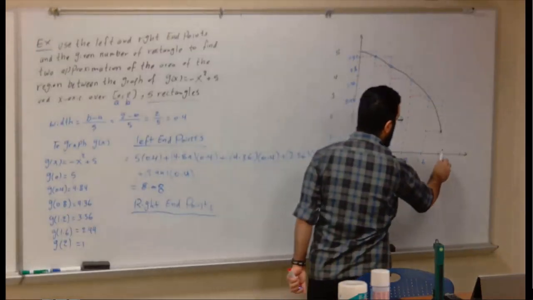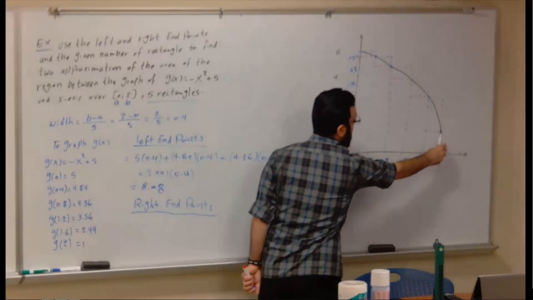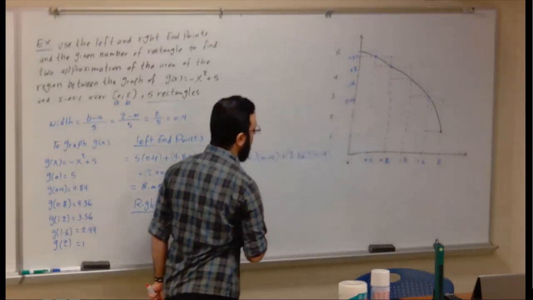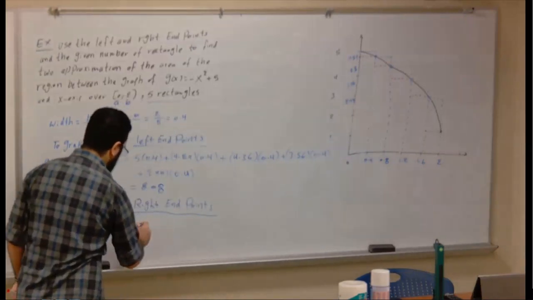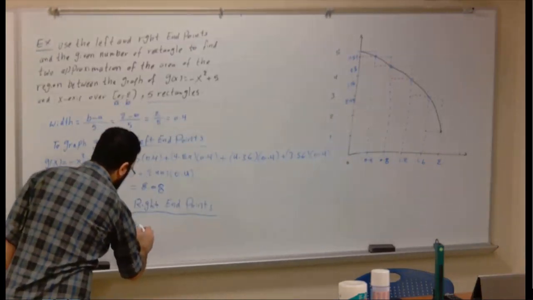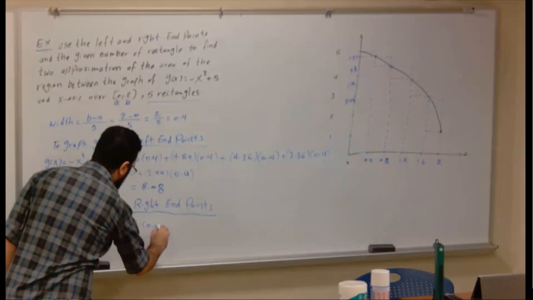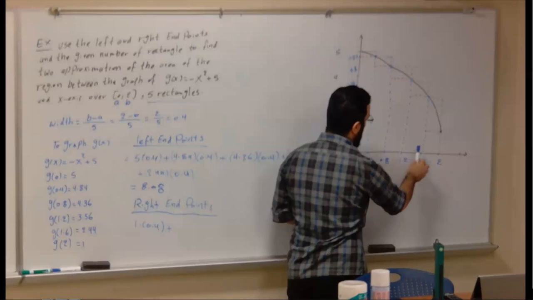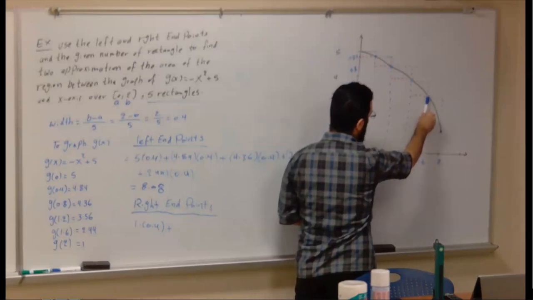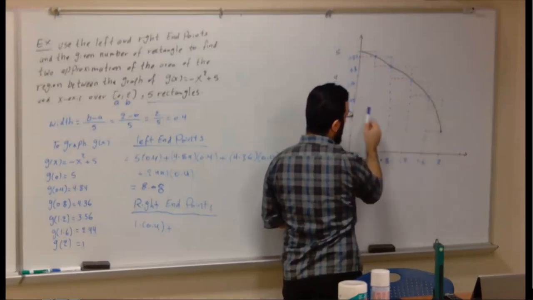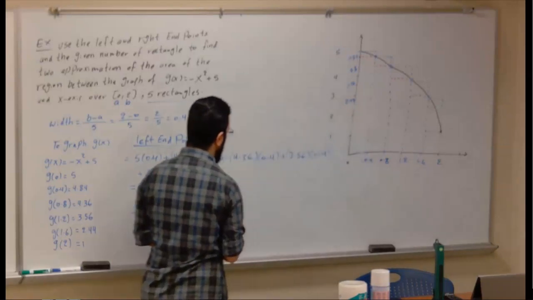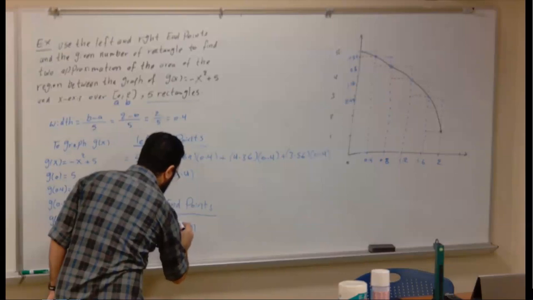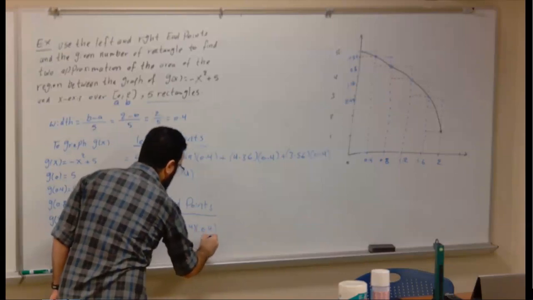That means the length on this rectangle is 1. So 1 times 0.4, plus the second rectangle. The length for the second rectangle is going to be 2.44 times 0.4.